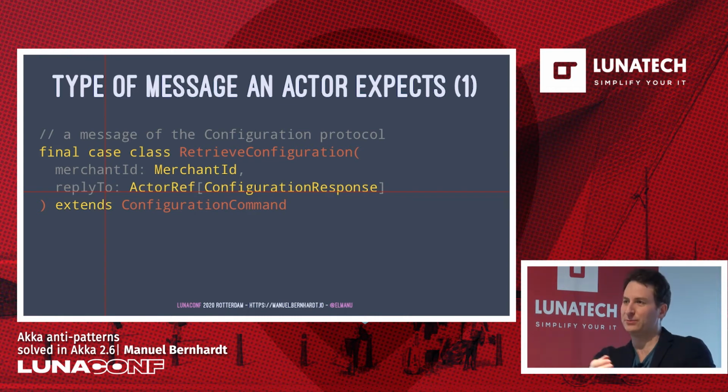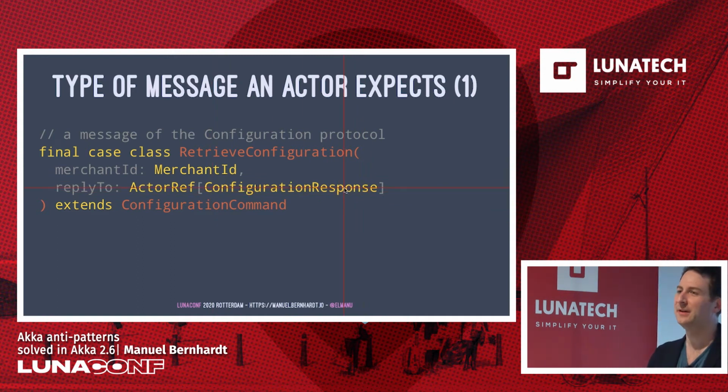Retrieving a configuration, you would expect a response. If you want a response to that, you have to tell it where to respond to. And the response here is a typed actor reference, which is to say that it tells you here the type of the response. You can't just reply with anything at random. You have to tell it, this is what I want as a reply.